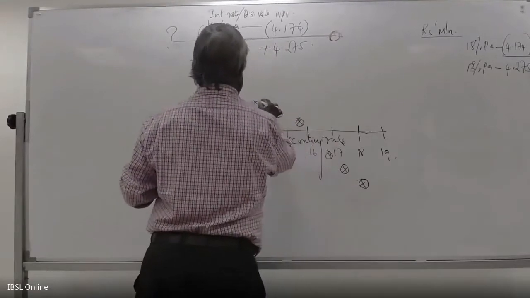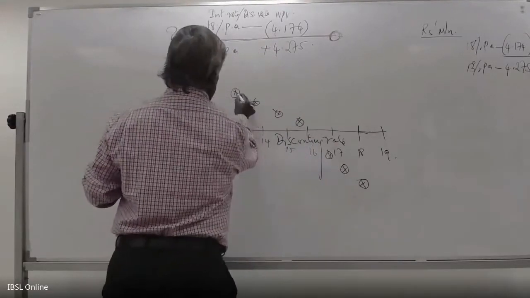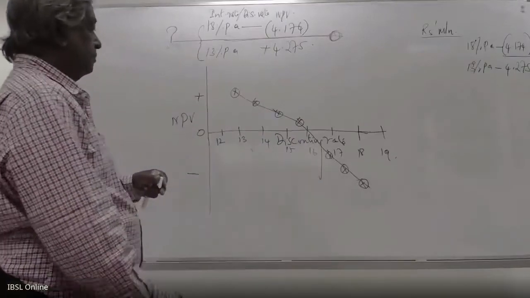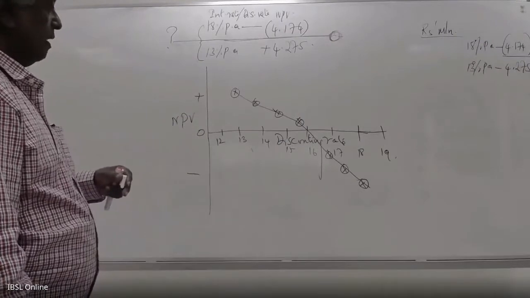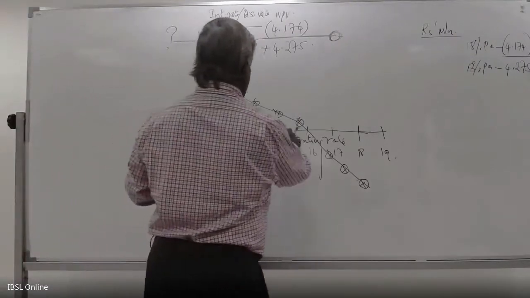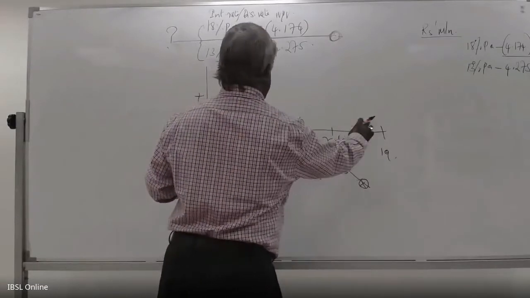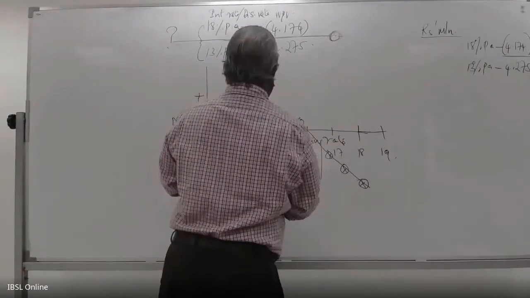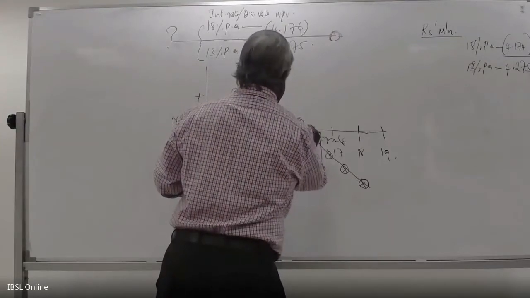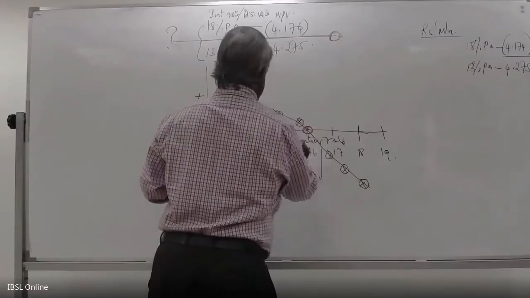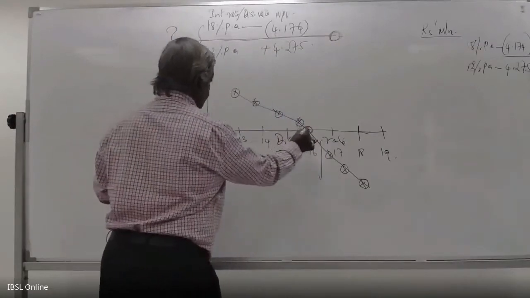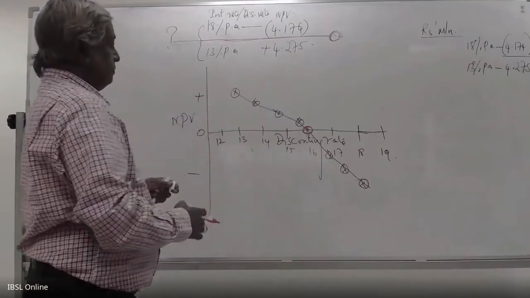You can plot the graph, and you go like that. At one point it cuts the discounting rate axis. At that point the NPV is 0.